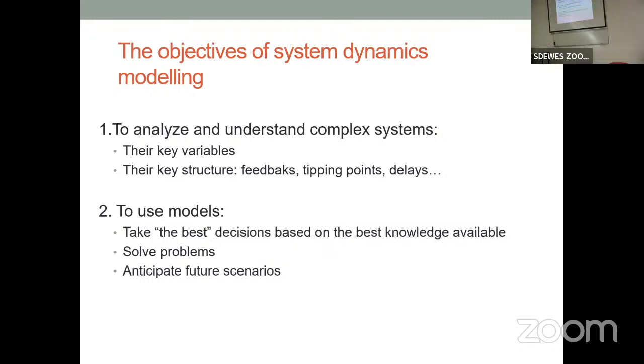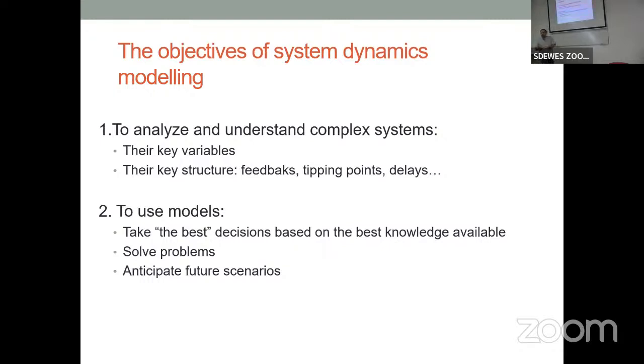So, in system dynamics there are two kinds of typical objectives. One of them is just to analyze and understand complex systems. This is by itself an objective. That means that if we are able to model a system and we find a model that is a good representation of the real system, it means that we have already understood the system.